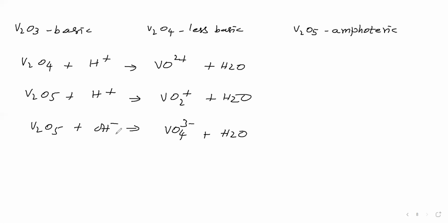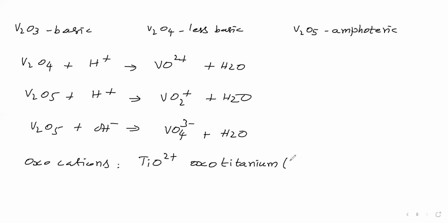So, now we will see some oxocations and oxoanions. First, oxocations. TiO2 plus: O is called oxo, Ti is called titanium.